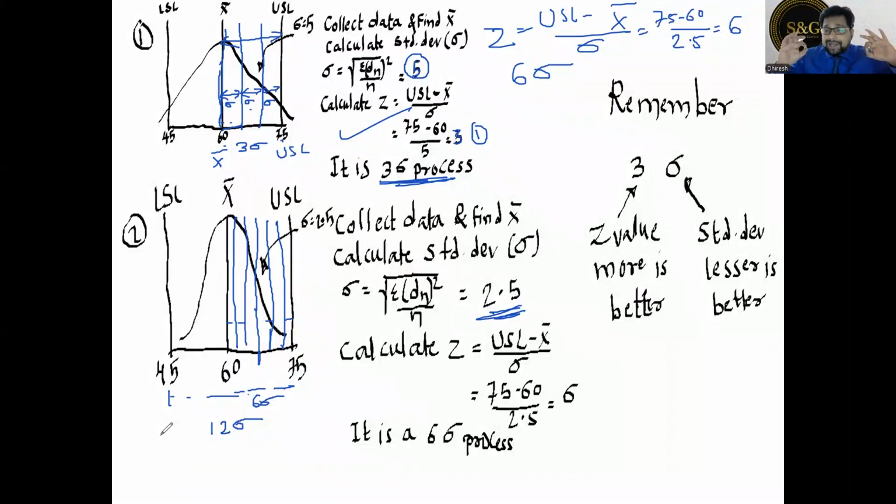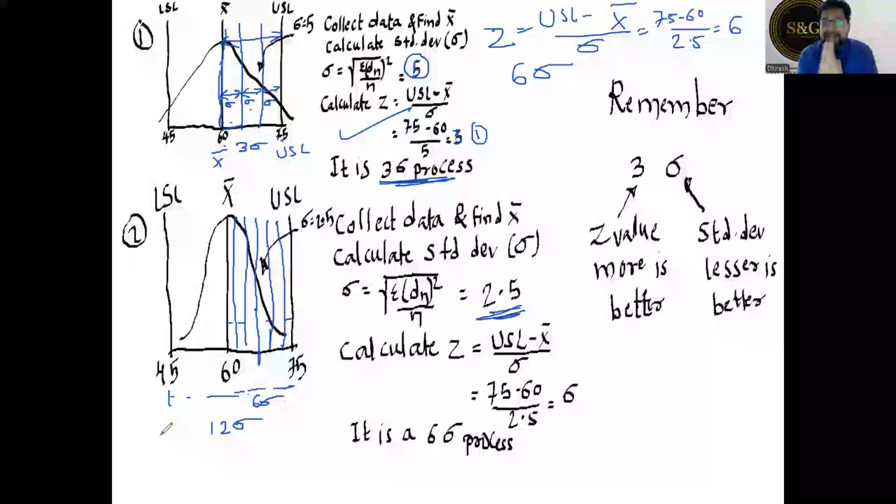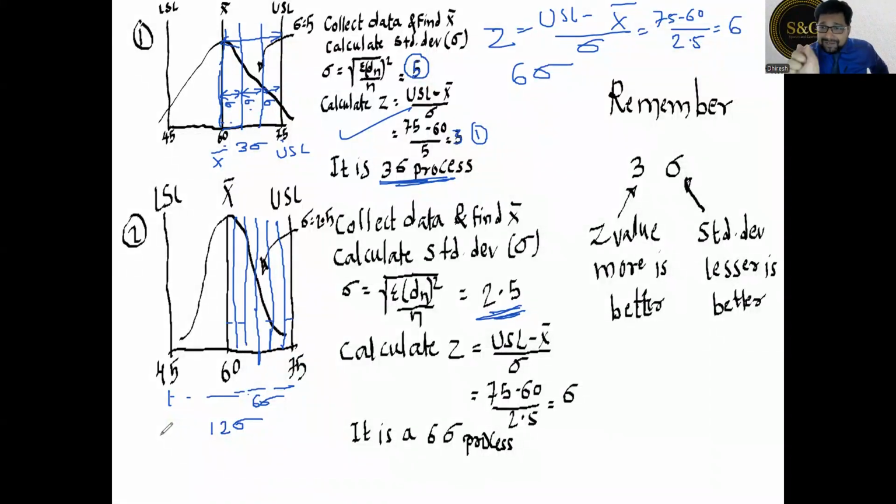When it is a 6 sigma process, between upper specification and lower specification, I can fit 12 slices of standard deviation, because the spread of my process is so low, my standard deviation is very little. I can fit 12 times between my upper and lower specification.